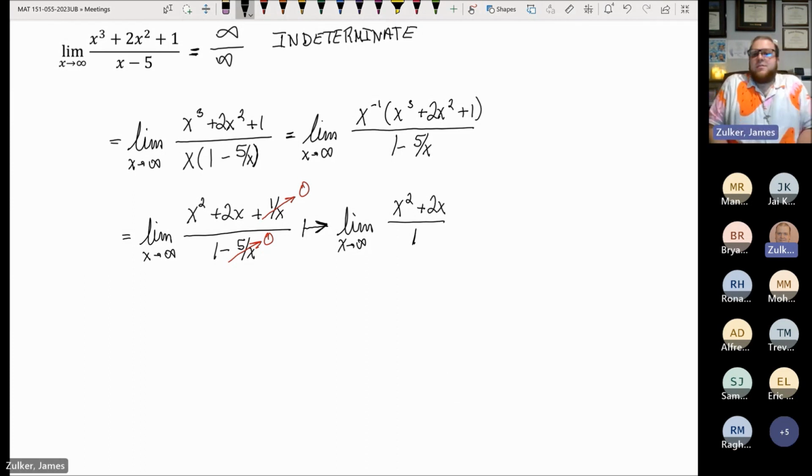Well, this 1 doesn't matter. This numerator, as x continues to grow, x squared plus 2x is also going to continue to grow, so it's going to grow without bound. So this limit is infinite.